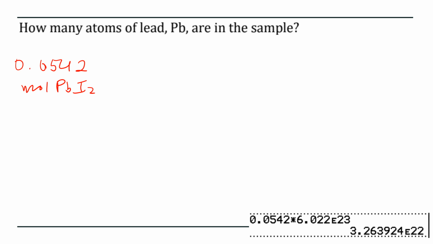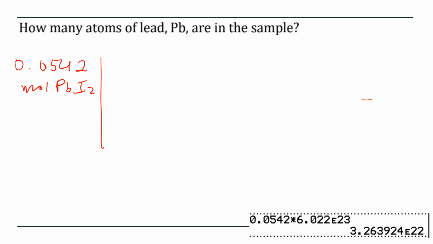Notice though, it's asking for the atoms of lead. And we only have PbI2. So you have to kind of create a mole ratio based on how many you have of each element in the compound.